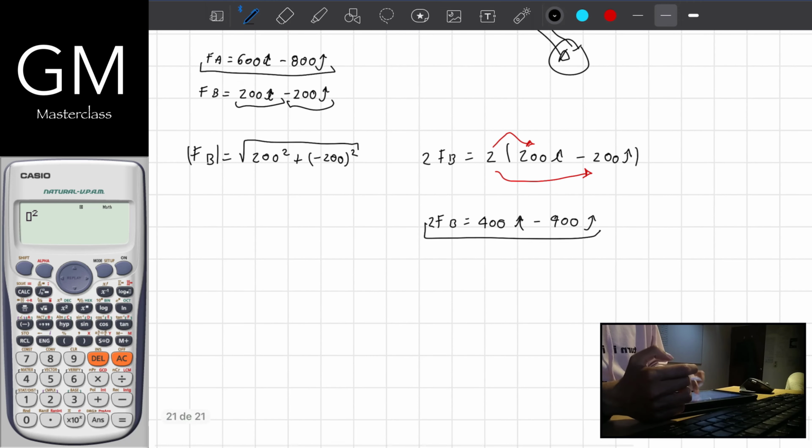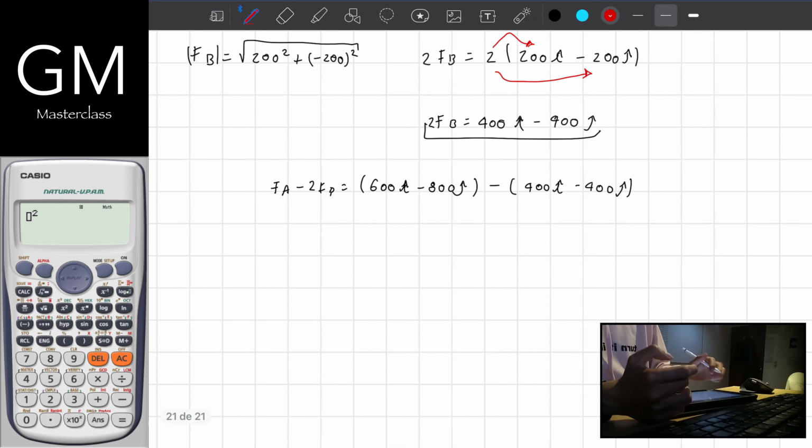All we have to do next is say that FA minus 2 times FB is going to be equal to what? FA is equal to 600 units in the I direction minus 800 units in the J direction, minus 400 in the I direction minus 400 in the J direction.